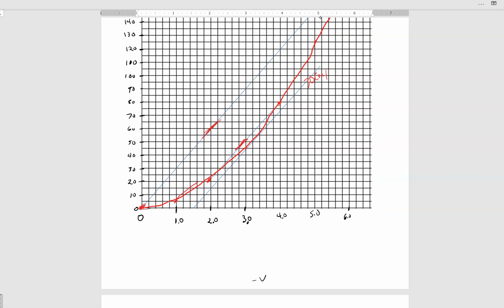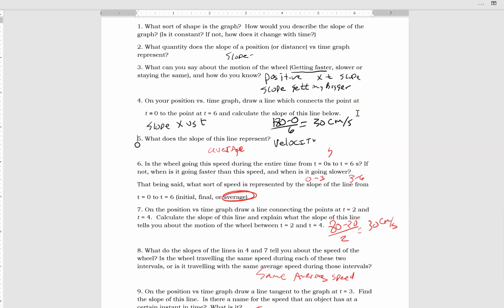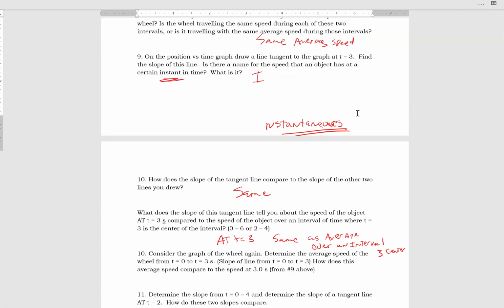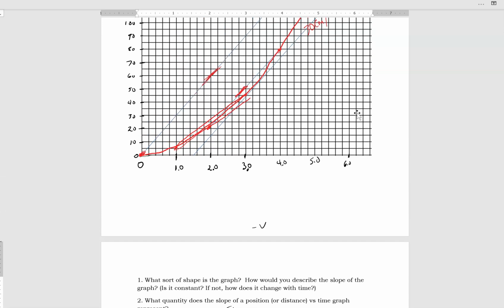If I go from 1 to 3, we can see that a tangent line would be parallel to that. Oh, no. Go from 0 to 3. That's fine. Go back.